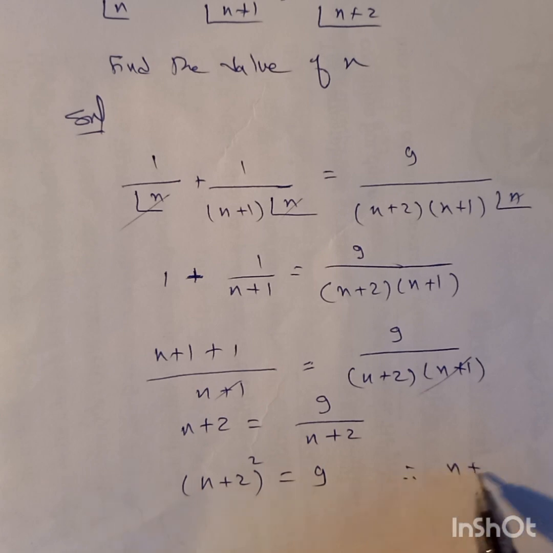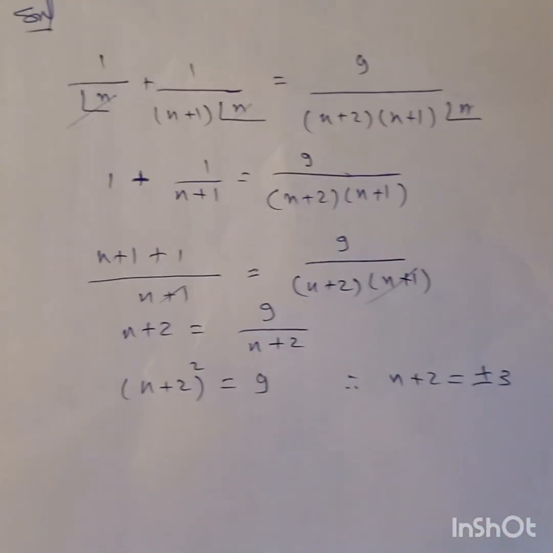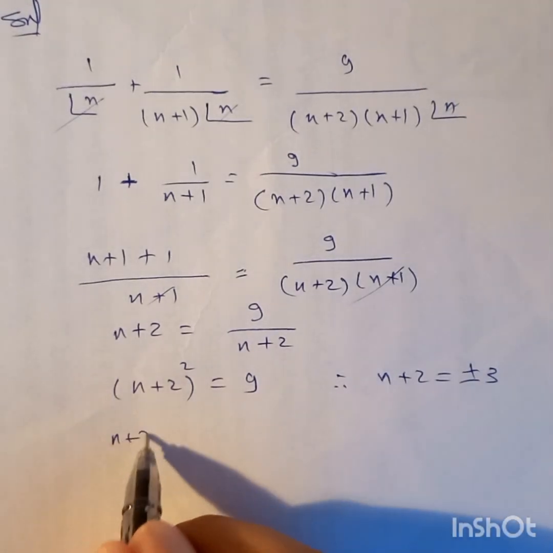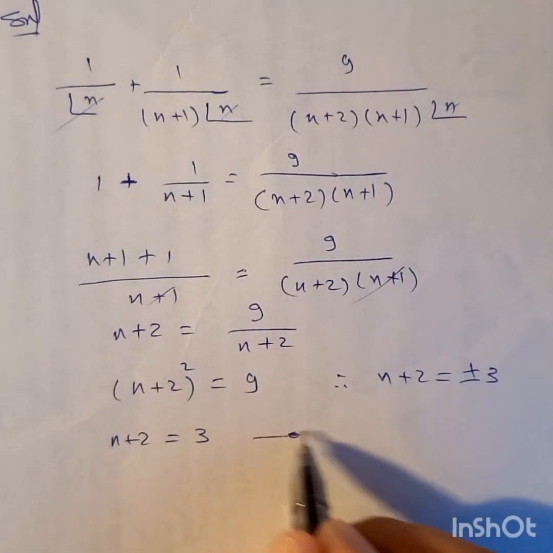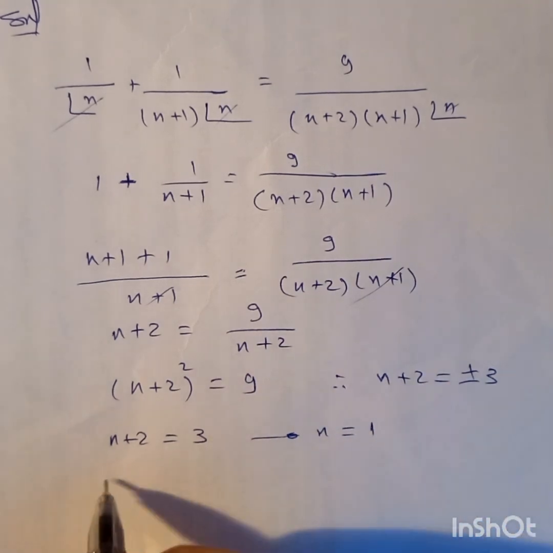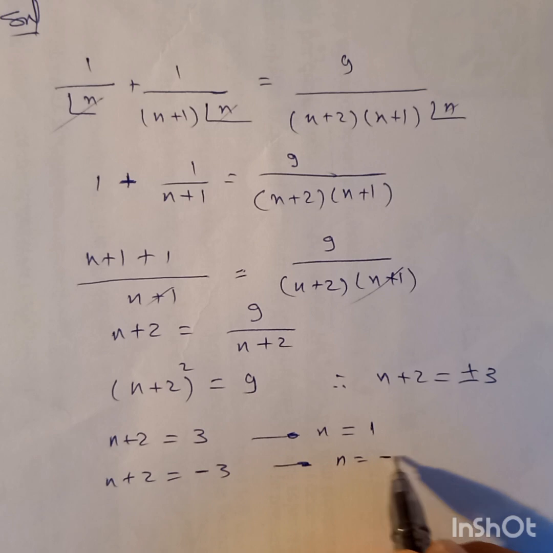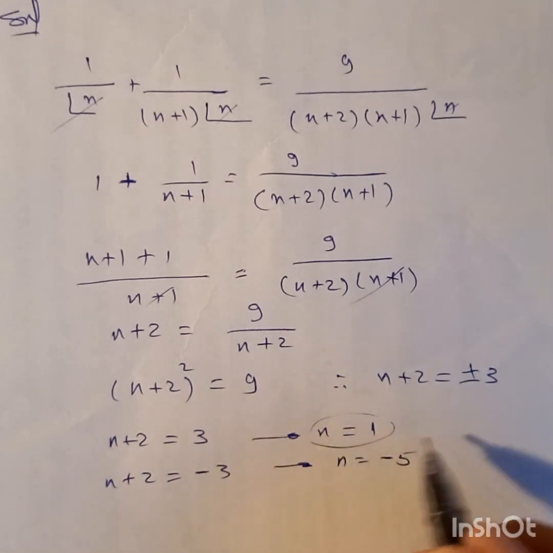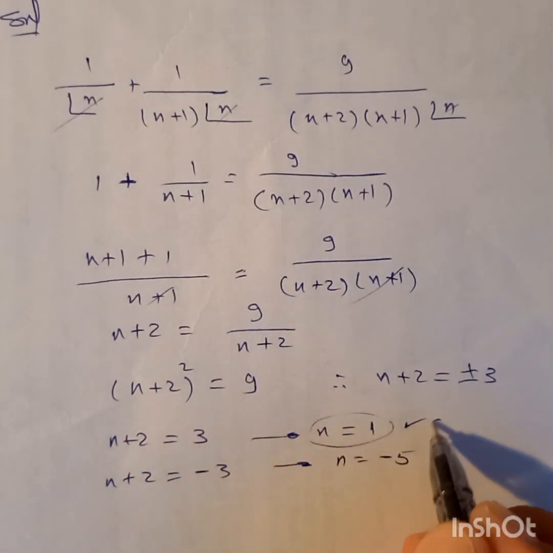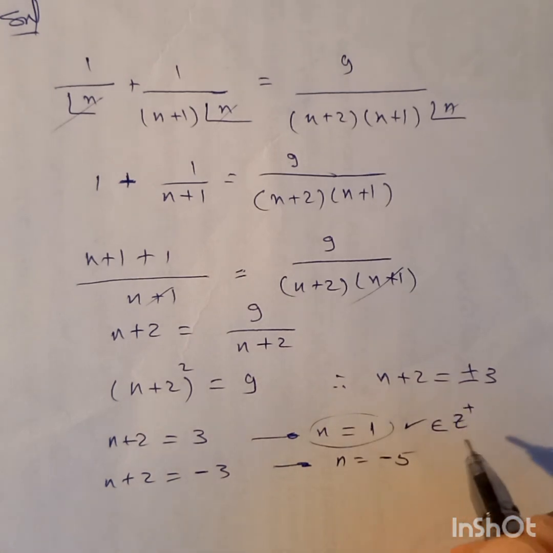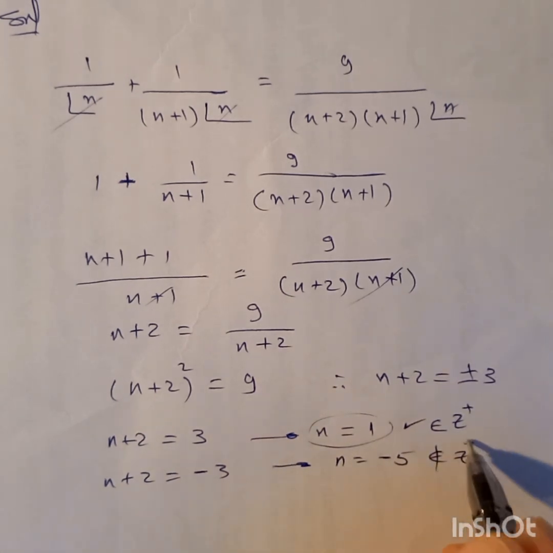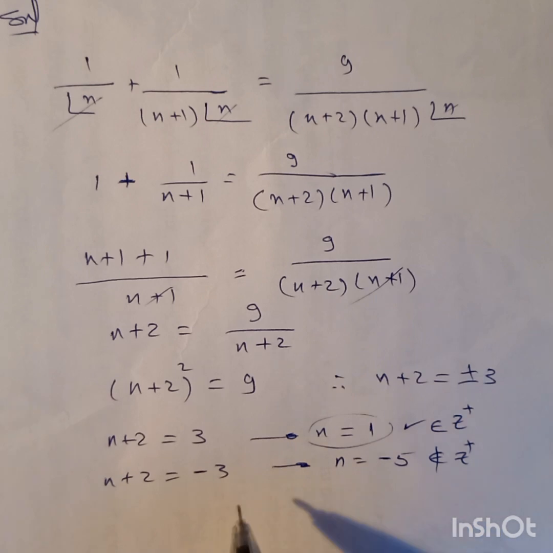Then n plus 2 equals plus or minus 3. Then n plus 2 equals 3, so n equals 1, or n plus 2 equals negative 3, so n equals negative 5. n equals 1 is acceptable as it's included in Z positive. This is not included in Z positive. Then the final answer is n equals 1, and n equals negative 5 is refused, and this is required to find.